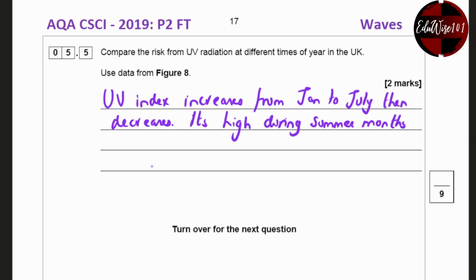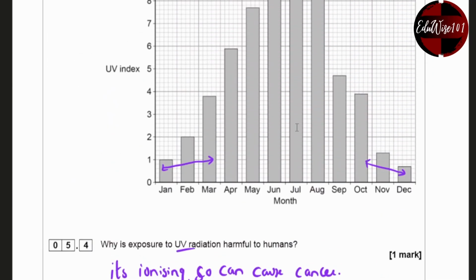So going back to the graph, I could say, let's pick a value. So 4, right? So January, February, and March, the UV index is actually less in these 3 months plus these 3 months, right?